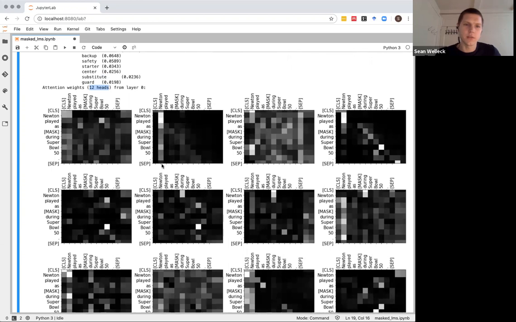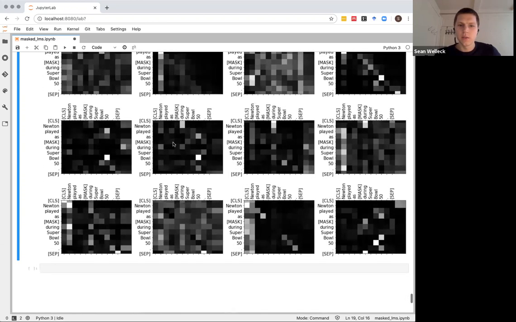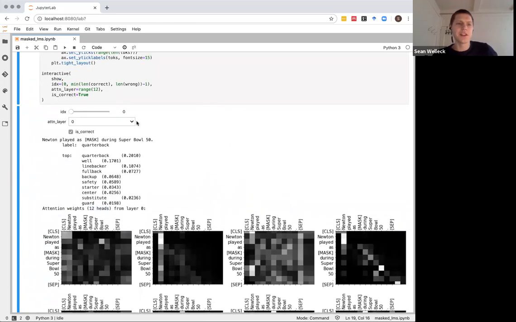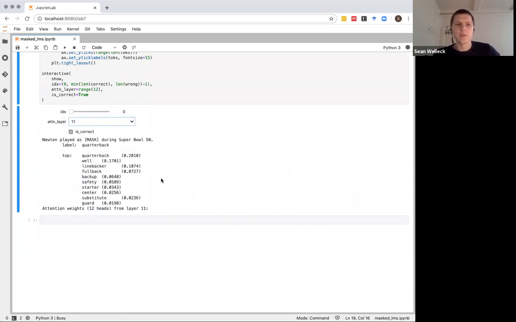Here you might see some structure where it's really focusing on this Newton word. This one seems to focus on the first 2 words. Maybe you shouldn't spend too much time trying to interpret these, but it's good for getting a feel of what's happening here.